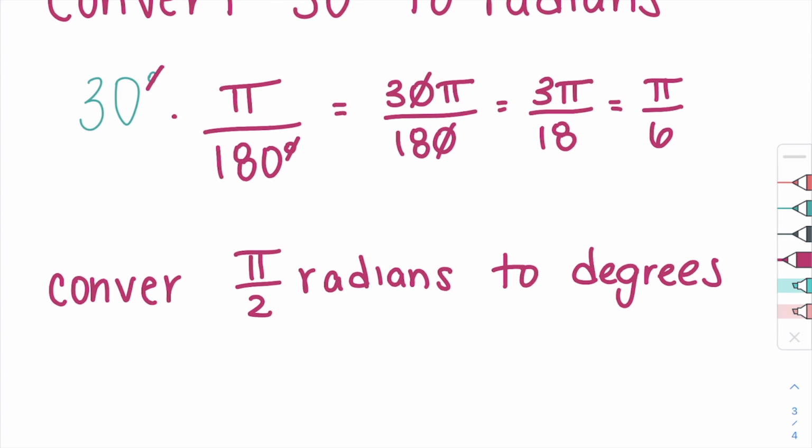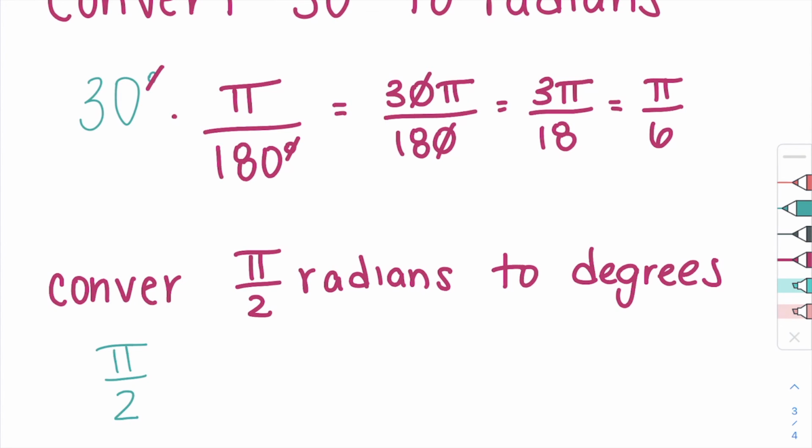So the only difference is if you're going backwards, your conversion factor is going to flip. So whatever you're trying to get rid of is always going to be in your denominator. So since we're taking pi over 2 and we want it to be degrees, I want to get rid of the pi because the pi should only be there if I'm talking radians.